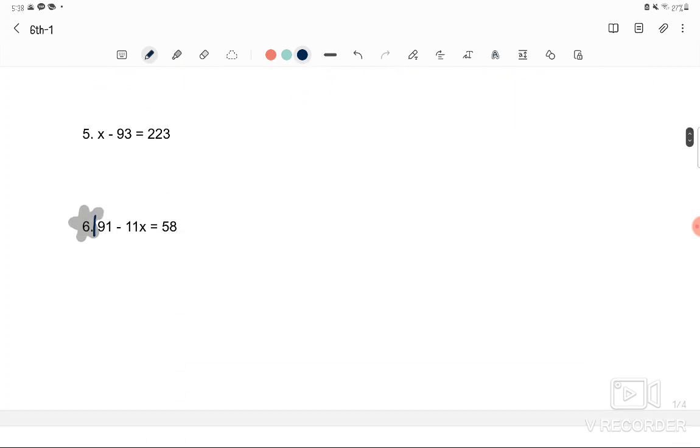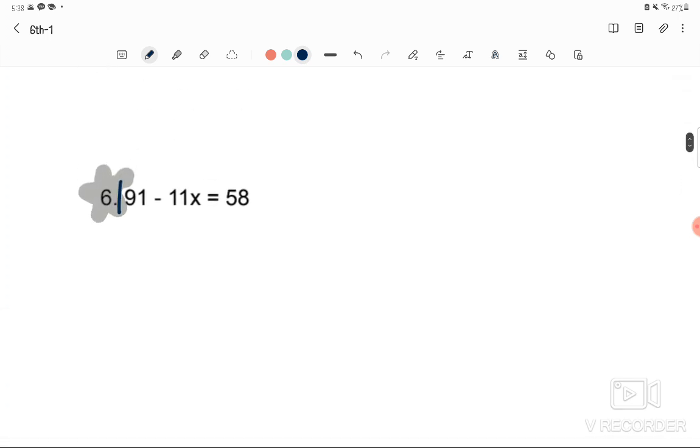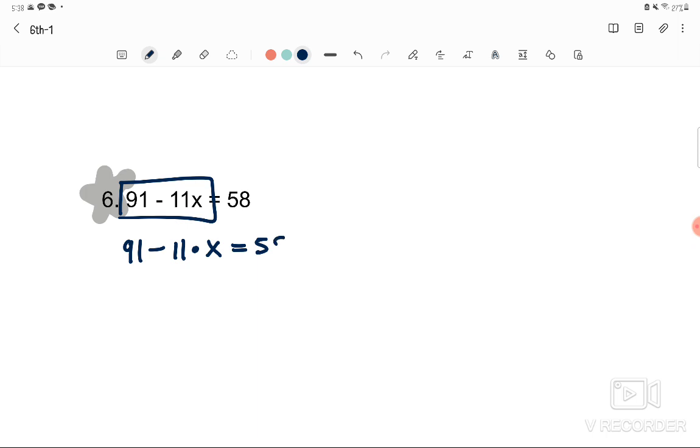Okay, so let's do number 6. This side of the equation contains subtraction and multiplication. What I mean by that is 91 minus 11 times x equals 15. But you have to multiply first. When there's addition and multiplication or division, you have to divide or multiply first.